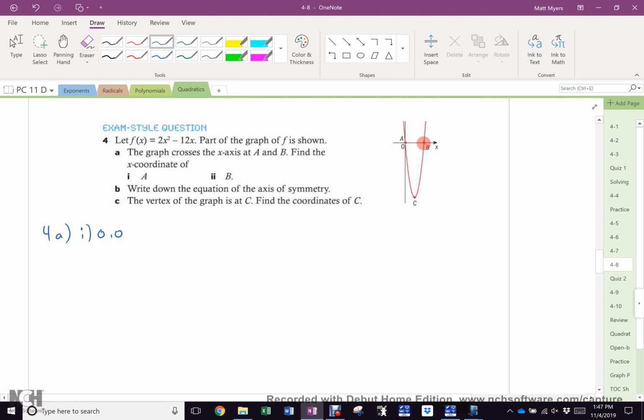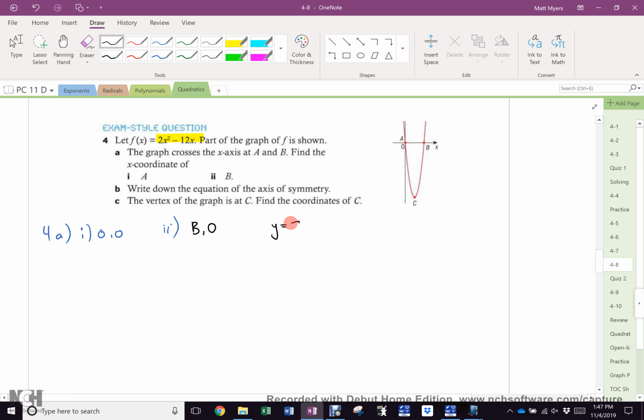What's this guy? B0, right? Because I don't know. How can I find those roots? What can I do to that to find me the roots? Sure, you're right. It is actually B0. What do I do to that to find roots?